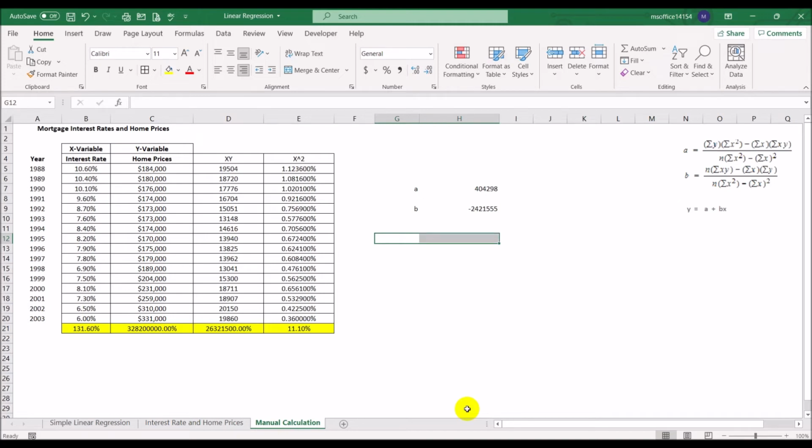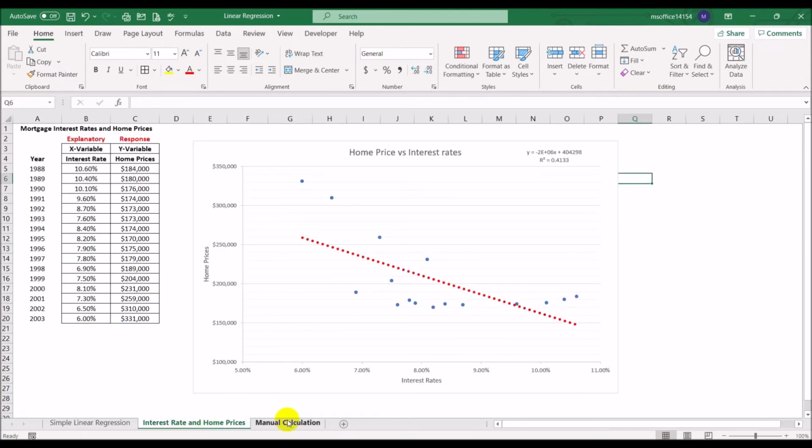It would be y equal to a, which is 404,298, plus, because this is a negative sign, instead of plus we put a minus, 242,155 x. That's your equation for this line here.